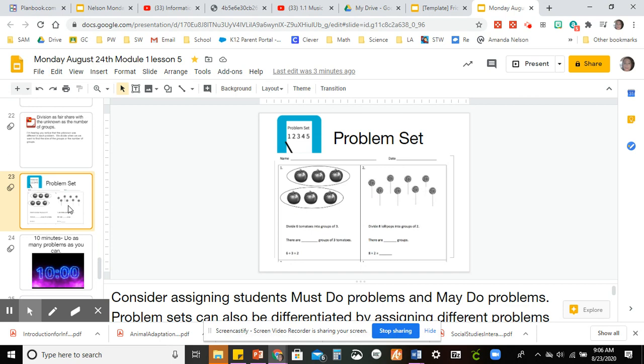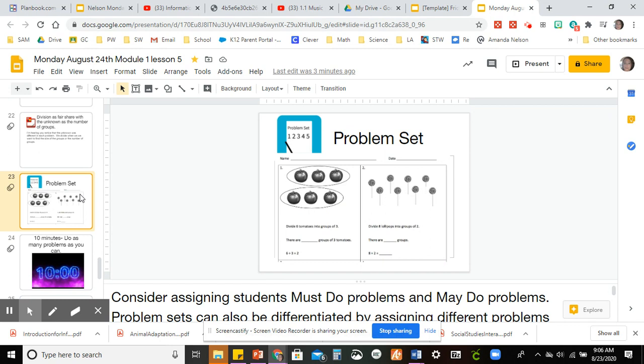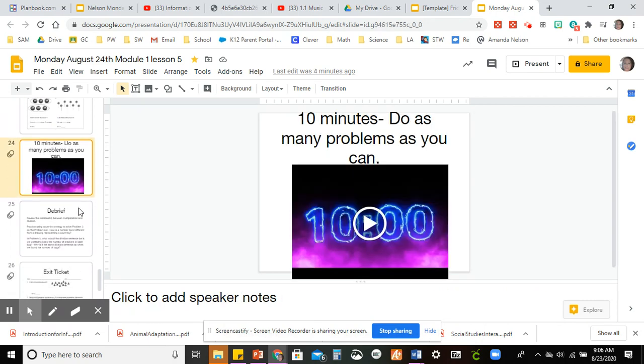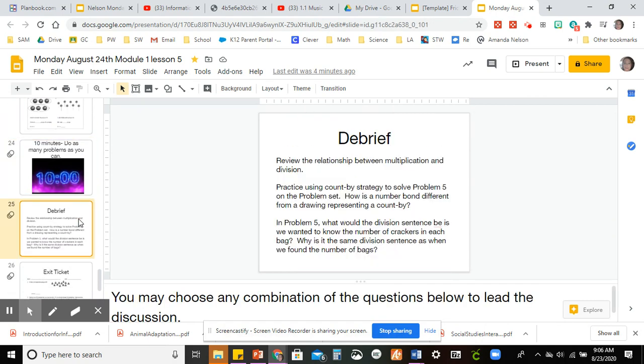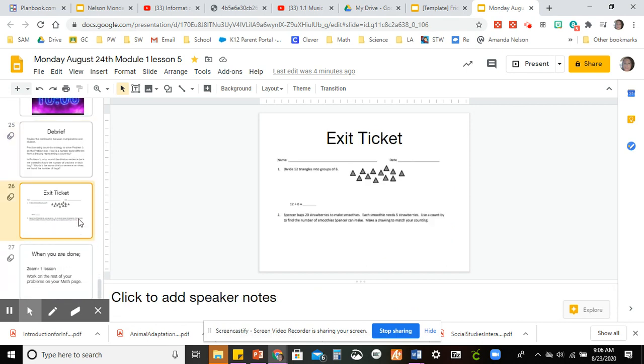I do want to let you know when you have the problem set, you only work on the problem set for 10 minutes because part of it is showing us what you can do very quickly and fluently and what you are still kind of having a problem with. And then we always at the end talk about the page. So when we make sure that you have the pages at home, we'll be able to do that. And then you'll have the exit ticket to do, which is kind of the big clue that tells us if you figured out today's lesson or not.